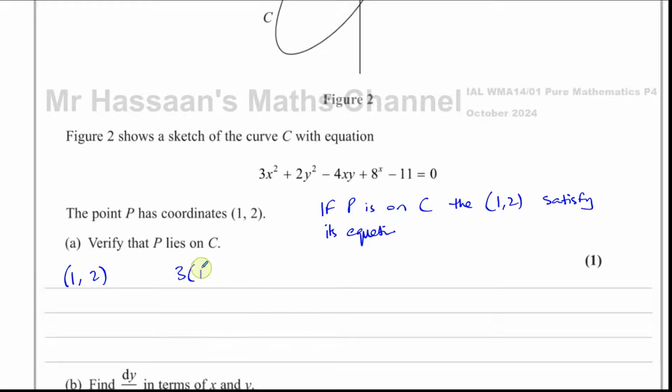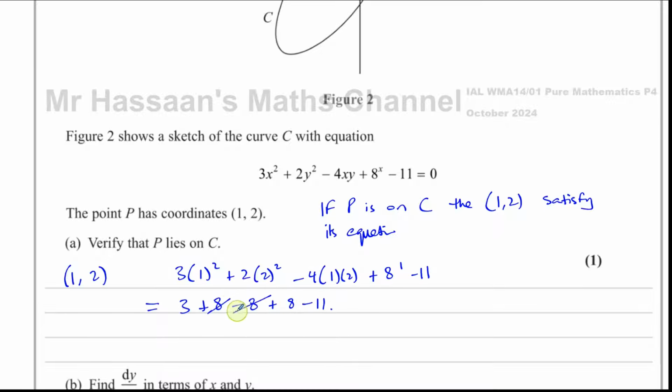So we have 3 times 1 squared plus 2 times 2 squared minus 4 times 1 times 2 plus 8 to the power of 1 minus 11. Now that's going to give us 3 plus 2 times 4, which is 8, minus 8, plus 8 and minus 11.